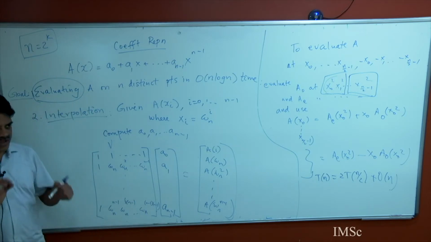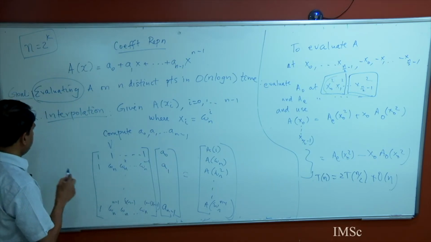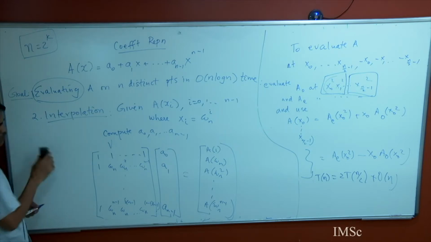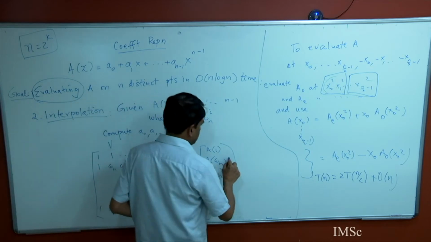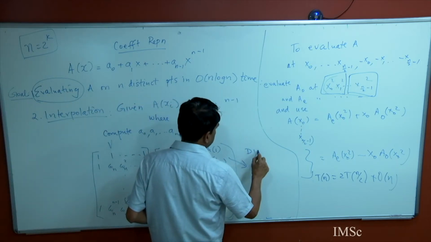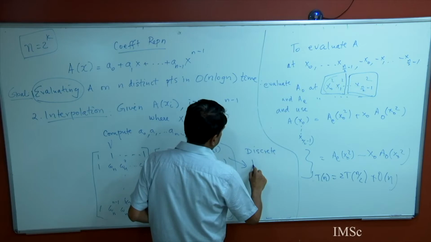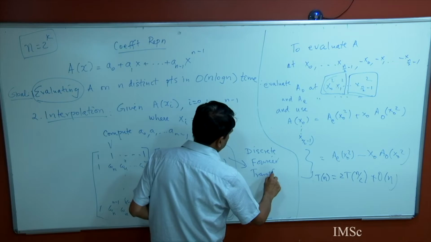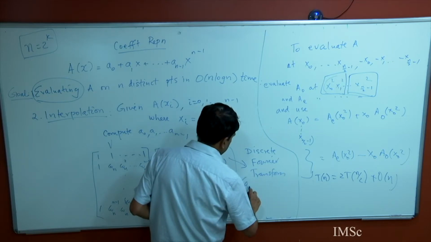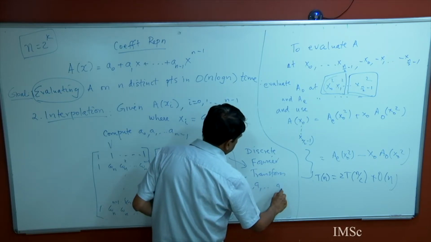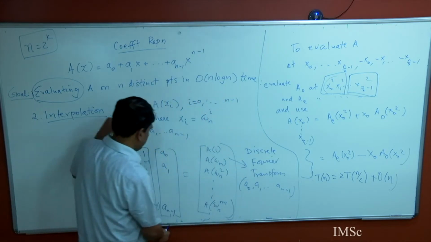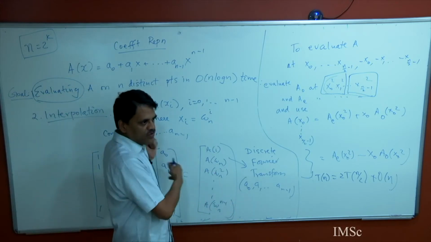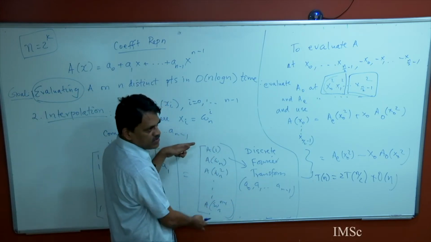There is a name for it: this is called the discrete Fourier transform, of the vector a0, a1, up to a(n-1). Basically, given some vector, you apply this matrix, and what you get is the transform. This vector is transformed into this vector.